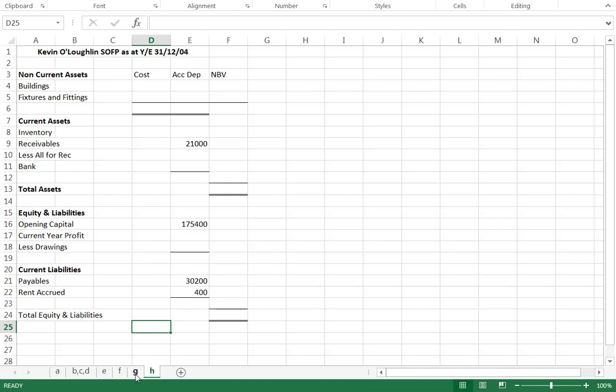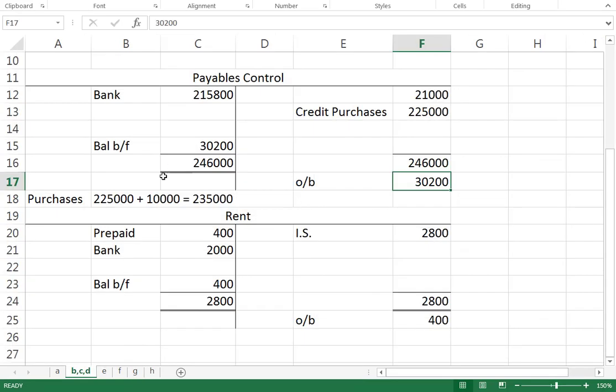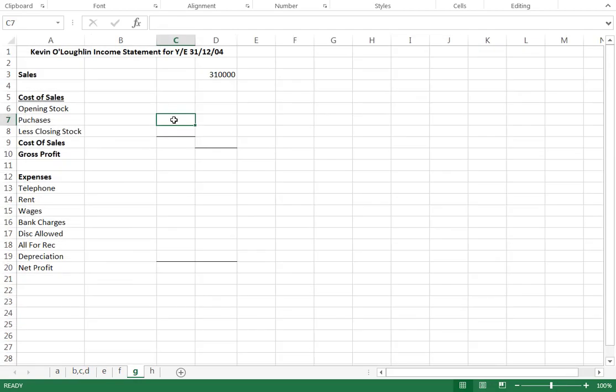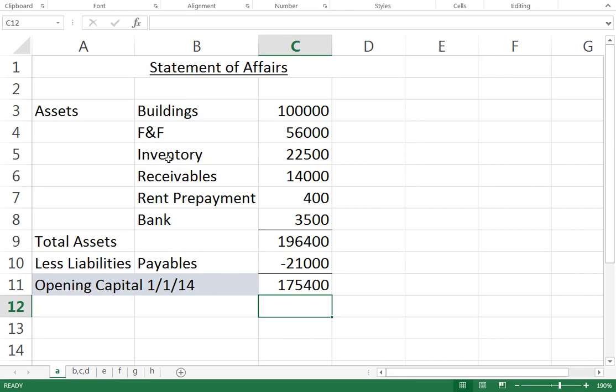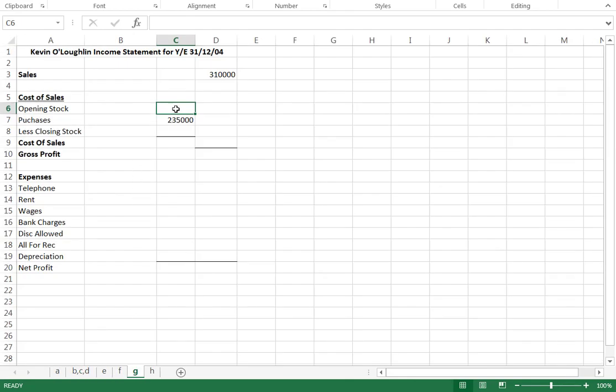I've got purchases of 235,000. Okay, I've got opening stock. We were told our opening stock, let's just pop back and see what our opening stock was. 22,500. Closing stock, we're going to have to calculate.